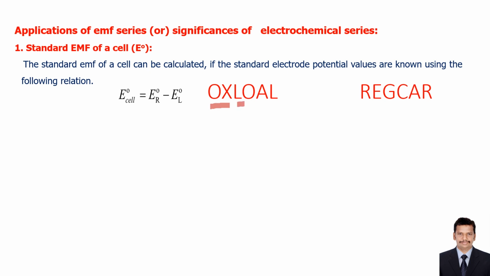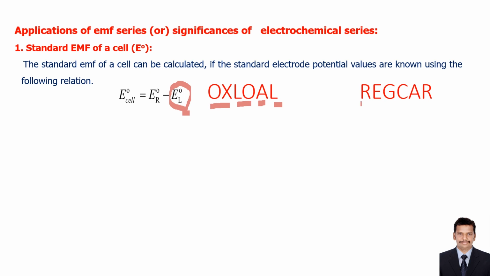Then LO stands for loss of electron, and A stands for anode. Then L stands for left: you have to write it on the left hand side. So OX stands for oxidation, meaning loss of electron, that undergoes at the anode, and it is written on the left hand side. What do you mean by RIG?